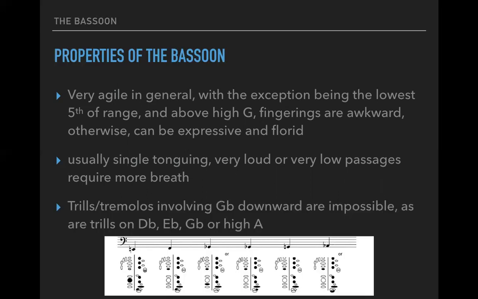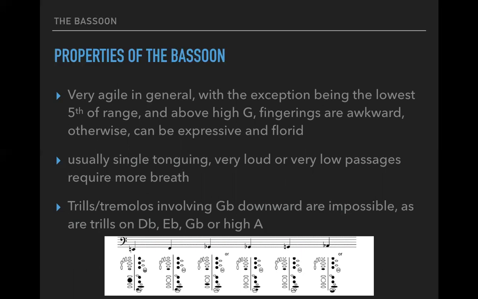As we've seen with other instruments, sometimes a certain part of the register can be problematic. If you think of the break for the clarinet, that can be quite difficult. The low notes of the flute, the extreme low, you have to be careful about certain trills that are very difficult. Same goes for the bassoon.